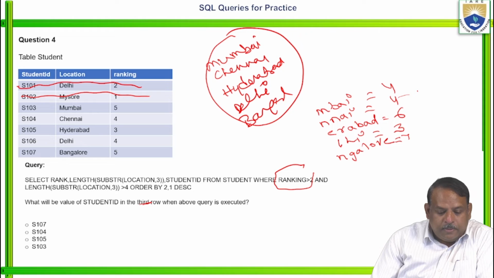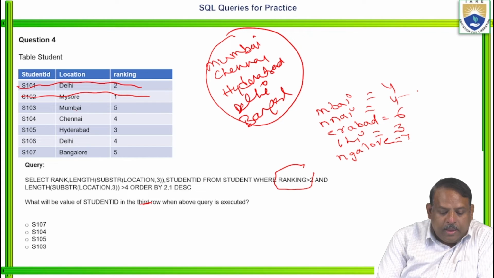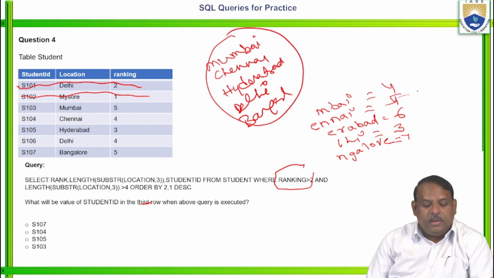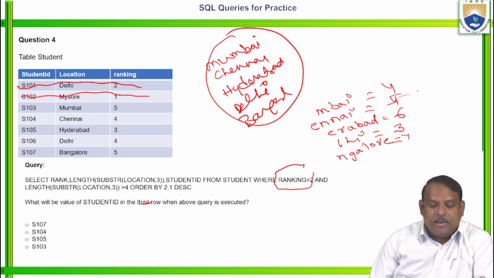Now here Delhi is removed, correct. Mysore is removed, ranking greater than 2. Mumbai, starting at 3, MBAI, it is 4. Chennai, E. Oh, we have to consider E also. ENNAI, 5.